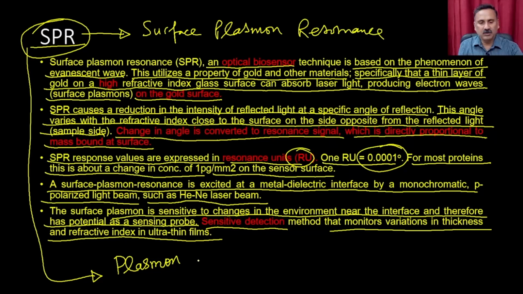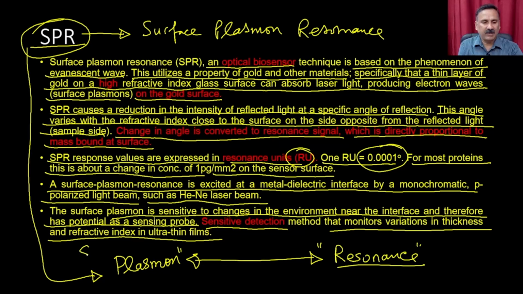So it has two terms which we have to understand, and then only will we be able to understand this particular technique, right? So we have two terms. One is called resonance. The other one is called the surface plasmon, right? These are the two terms we are going to discuss in the next slide.